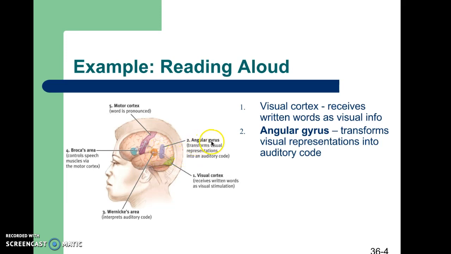The job of this area seems to be to link visual information to sound inputs. So seeing a word presented and then knowing what it sounds like in your head may be a job that this is important for. In fact, you may notice your angular gyrus struggling sometimes if you've ever been reading a book and a character has a name that you can't mentally pronounce.